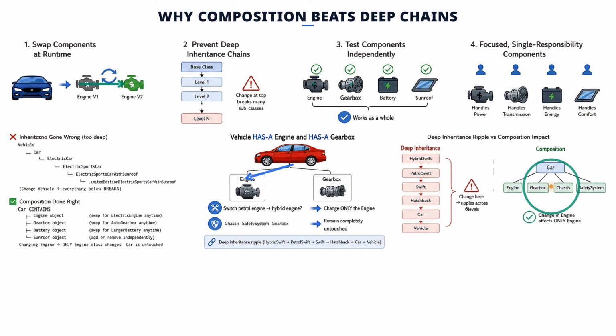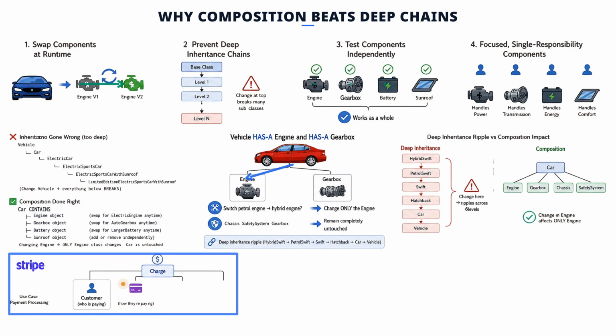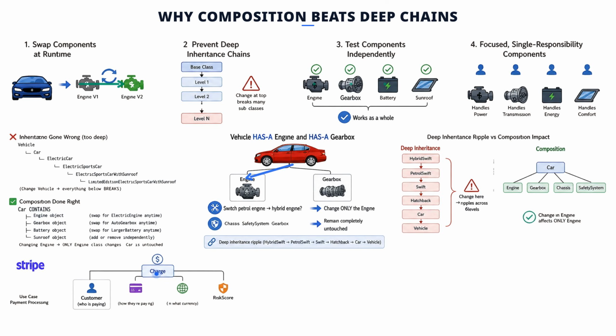Modern financial systems use this exact same modular logic. Look down here at how a payment processor like Stripe handles a charge. A charge object doesn't try to inherit the properties of a person or a currency. Instead, it acts as a container that holds a customer, a payment method, a currency, and a risk score. When Stripe needs to add a brand new payment method such as UPI, they don't have to rewrite their core charge logic.